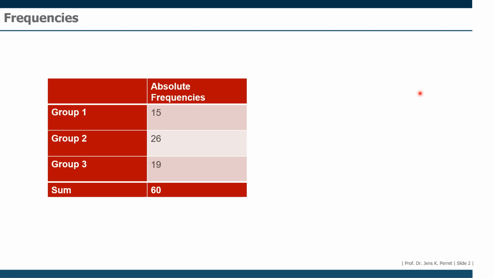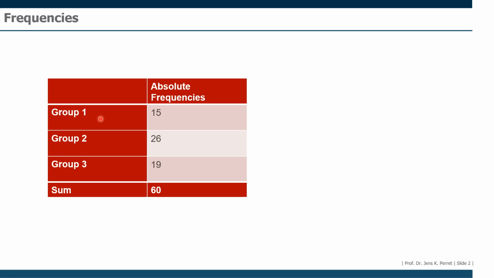Before, however, we continue with other columns, other aspects of the frequency tables, let me give you one preliminary comment on different types of frequency tables. As you can see here on the left, I've written down group 1, 2, and 3. Whenever we have groups or classes or intervals on the left, that's usually when you work with classified data.